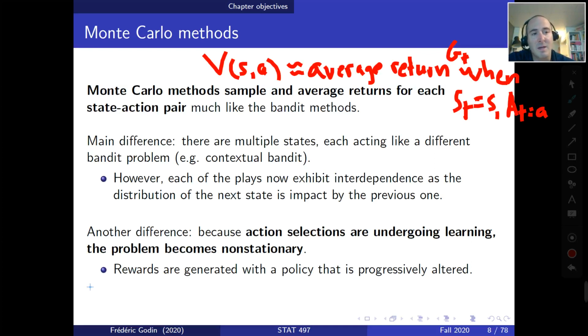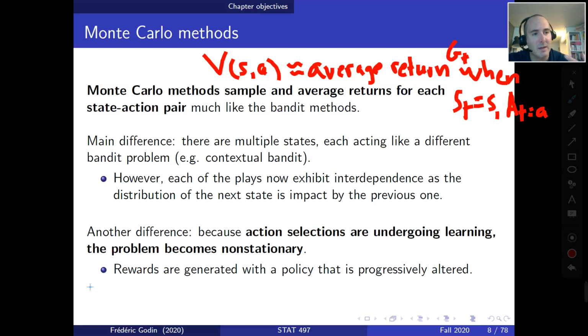So now this becomes some form of non-stationary problem, because the distribution of your rewards and states changes through time as you go by. So you're not in the IID case. IID stands for independent and identically distributed case when you learn the policy.